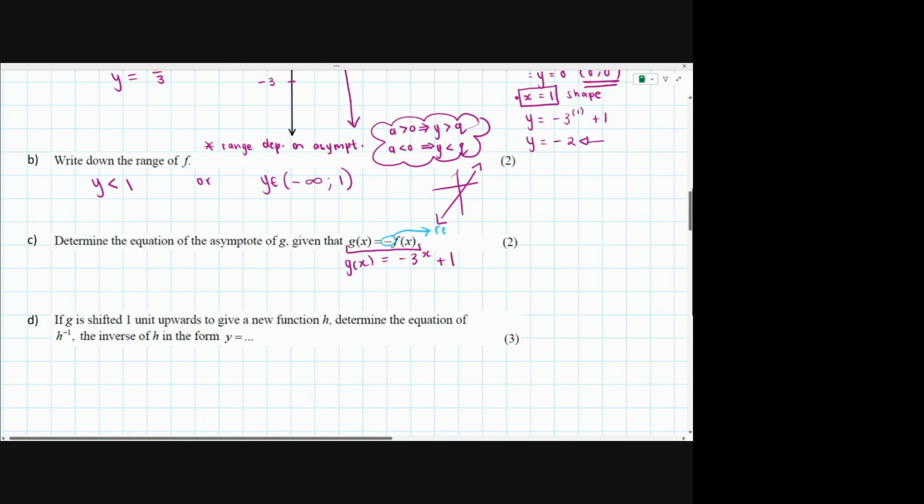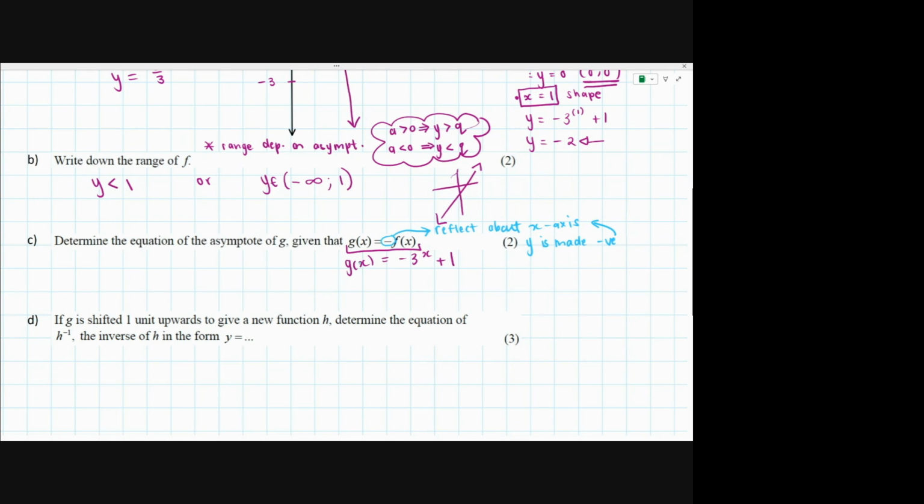This is a reflection about your x-axis. So anytime y is made negative, it is a reflection about your x-axis. If x is made negative or the x sign changes, it's a reflection about your y-axis.